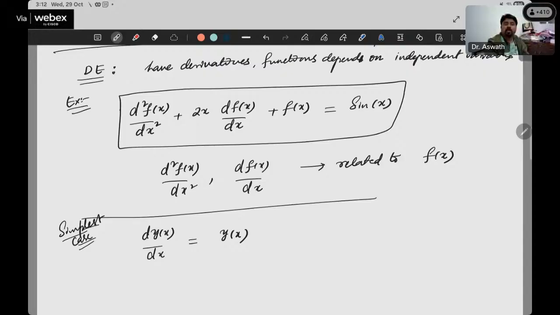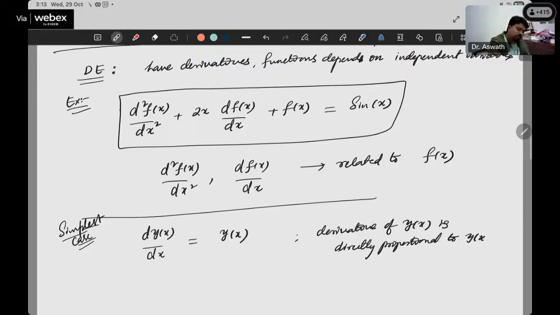As you can see here, the derivative of y of x is directly proportional to the function itself, proportional to y of x.